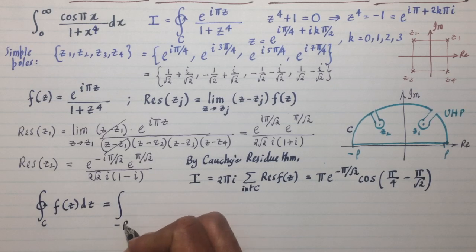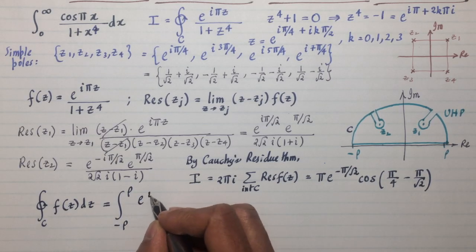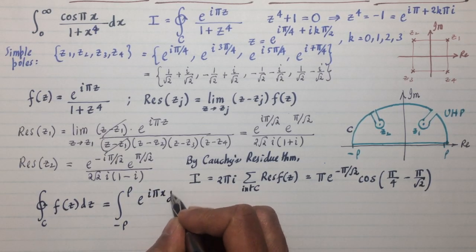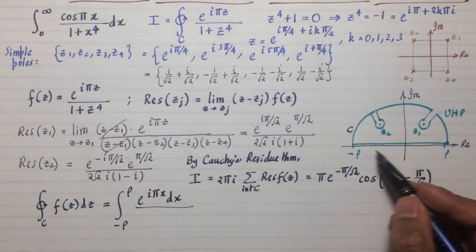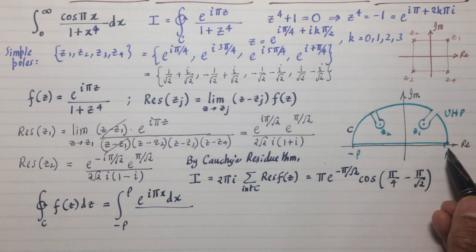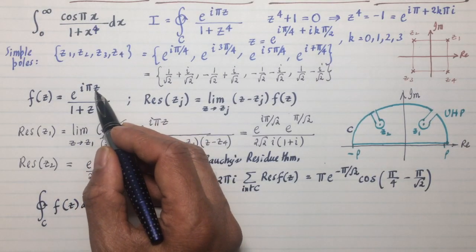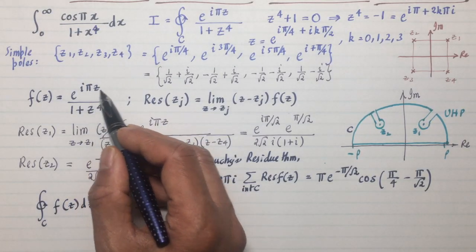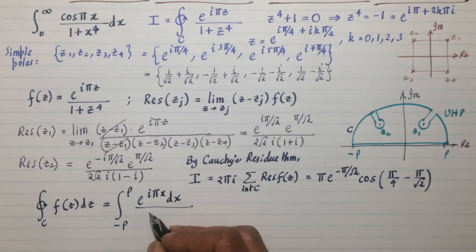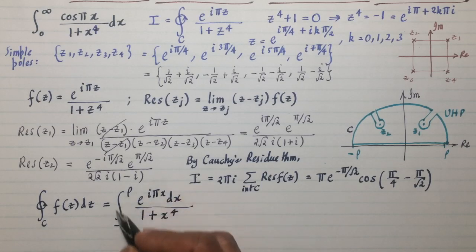That's the integral from minus rho to rho of e to the i pi x dx over 1 plus x to the 4, because along the x-axis the y-coordinate is 0, so the exponential function e to the i pi z just becomes e to the i pi x. Now this is really what you want, because the real part of this is our initial integral.